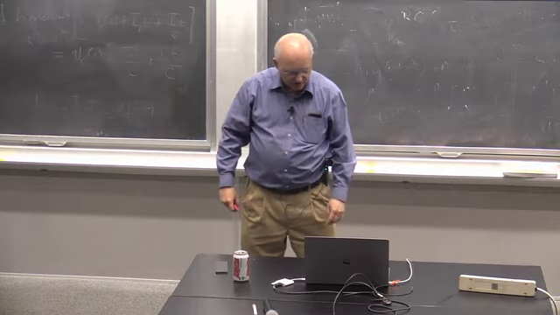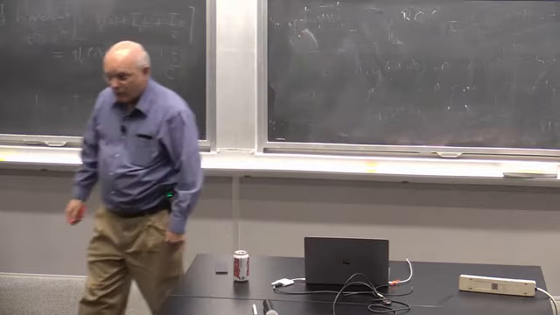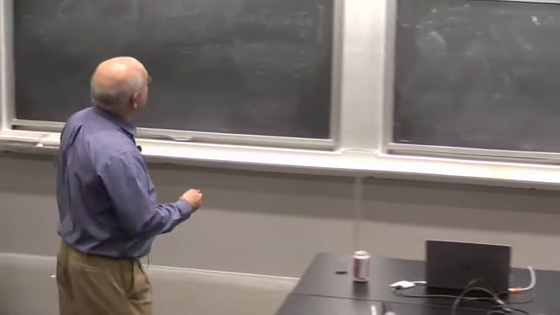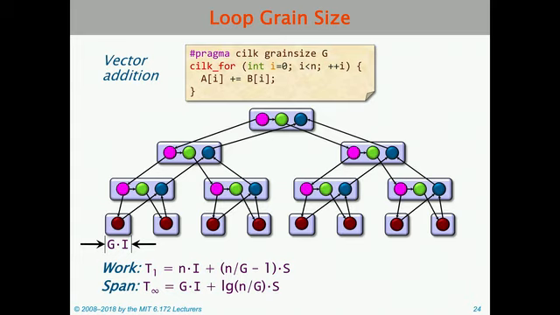Because if you look, the dominant term for G in the first equation is n divided by G. So if I want the work to be small, I want G to be what? Big.